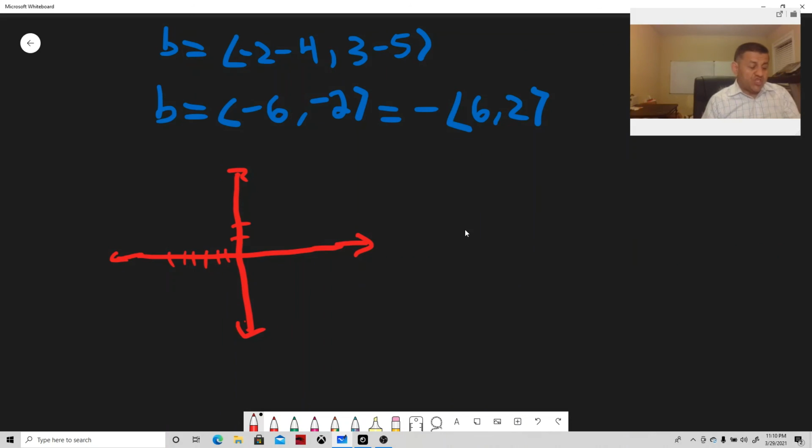They want us to sketch the vector. So starting from here, we need to do it this way too. 1, 2, 3, 4, 5.